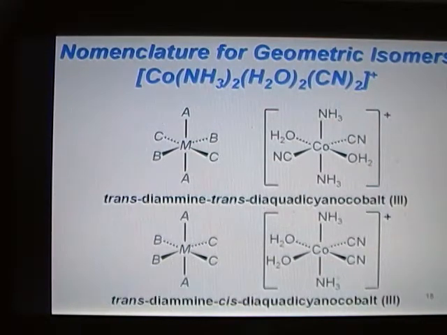So now let's look at the nomenclature for all the geometric isomers of [Co(NH3)2(H2O)2(CN)2]+. This is just like the example that we went through with A, B, C, and M. Here's the first case where the two amine ligands are 180 degrees from one another.